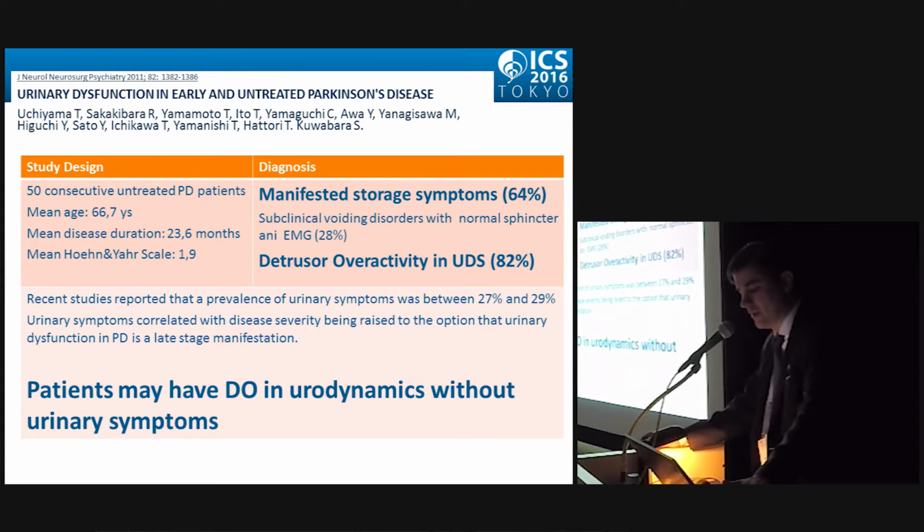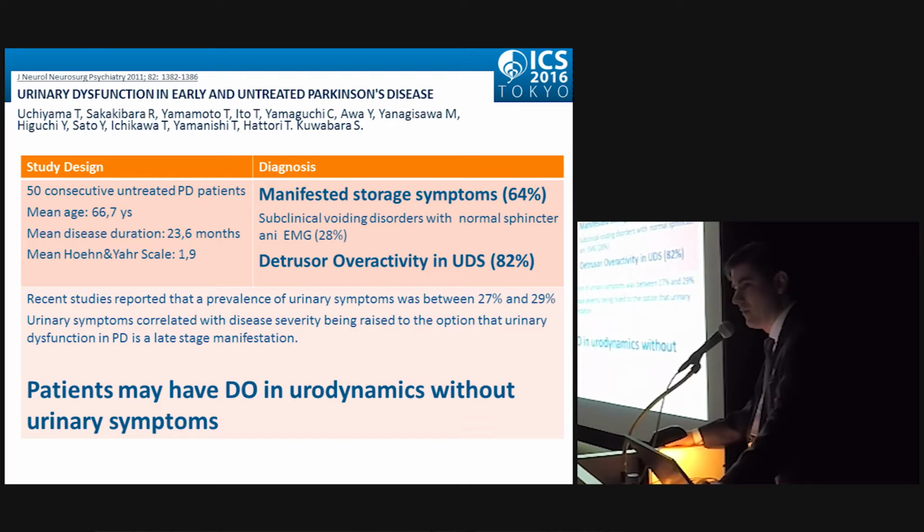This is another study published by Sakakibara. As you can note, at this moment Sakakibara has a very, let's say, productive scientific output in our scientific community. And he brought some information about Parkinson's disease patients. As you can see, they manifested the storage symptoms in 74% at an early stage.